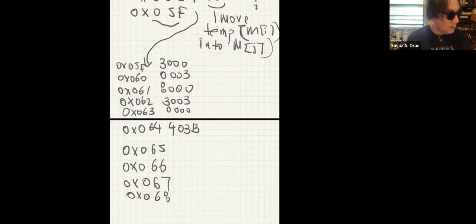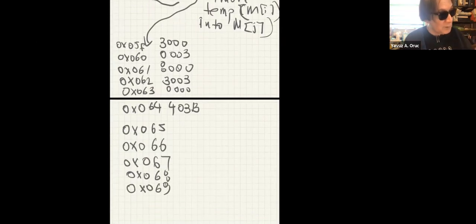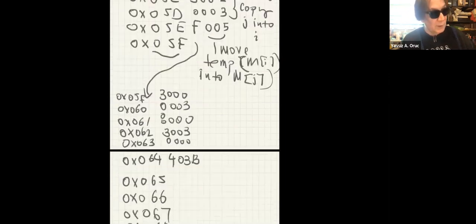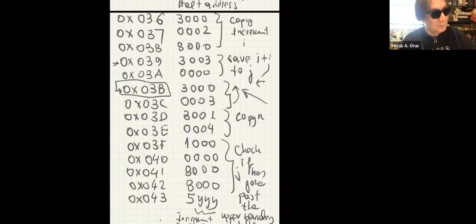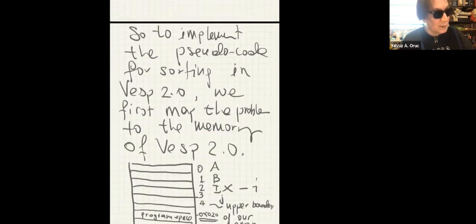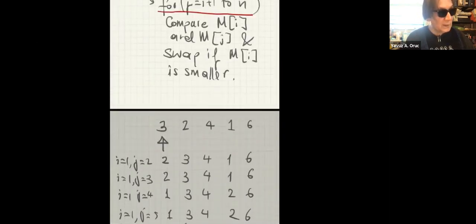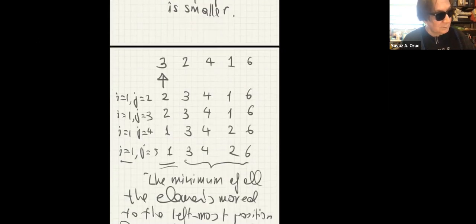Let me just write something here. It may be just four steps, maybe more than enough, but I have to fix something else there. So here I have to just simply put a 7000. And 069 would be this address. The only thing that I just noticed is that I destroyed I in the process. Sorry.